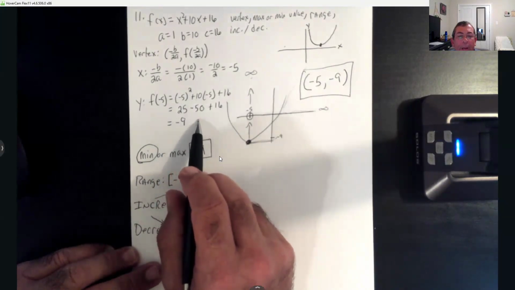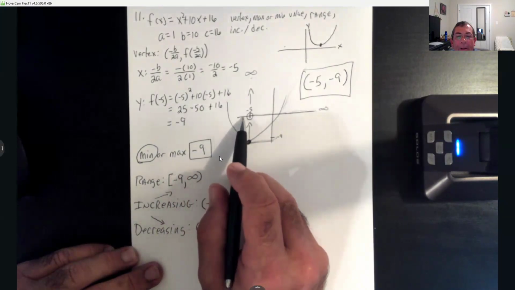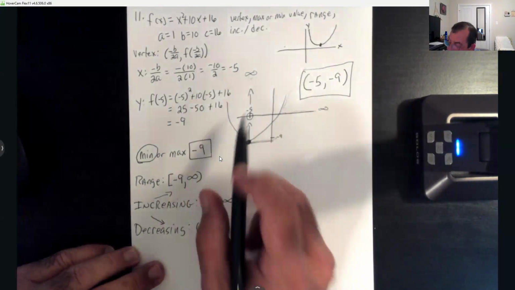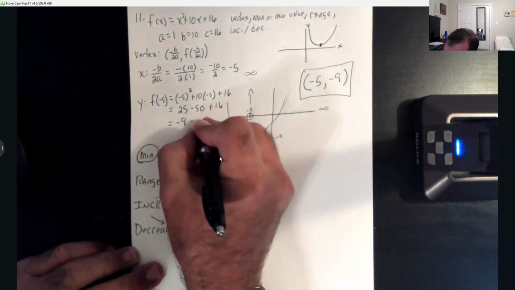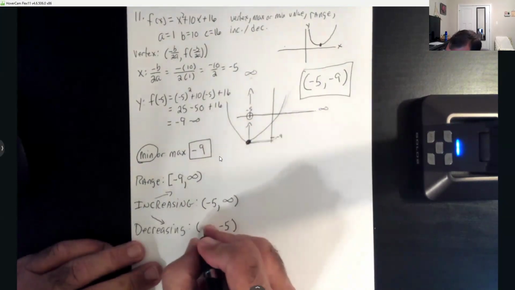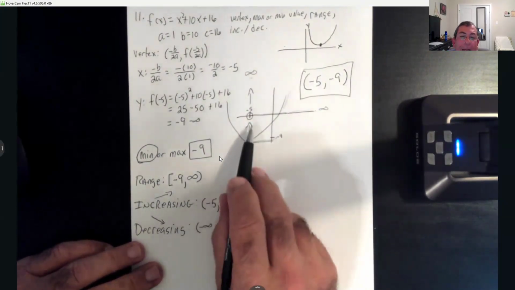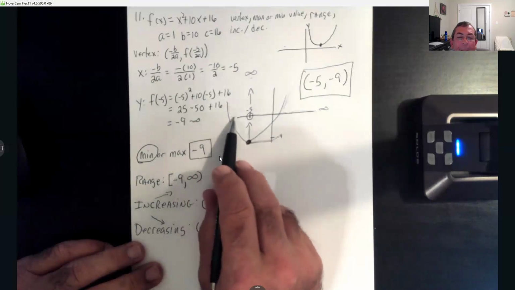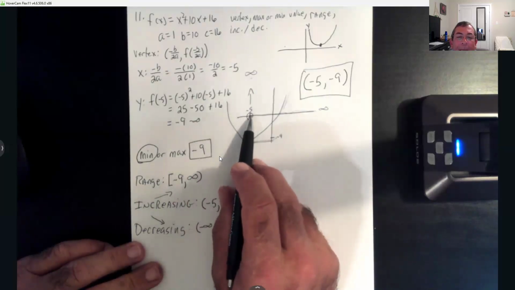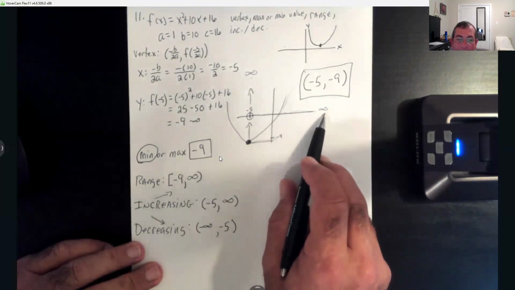They're coming in from the left. And as my x's get bigger and bigger, it's decreasing till I get to that -5. So we say they're coming in from negative infinity. So that one will start at negative infinity and go to the -5. I'm decreasing. At -5, I start increasing as I head to infinity.